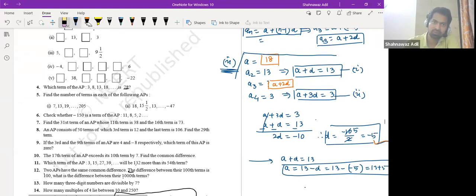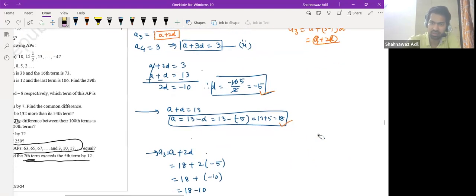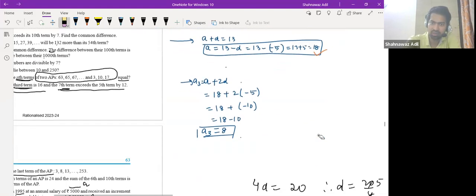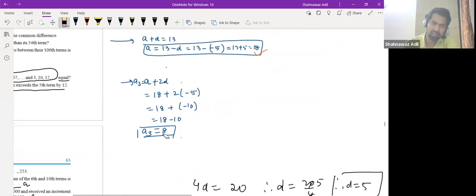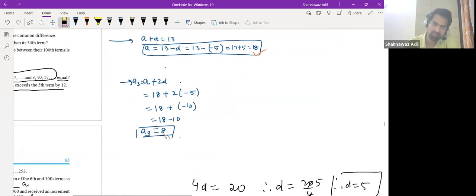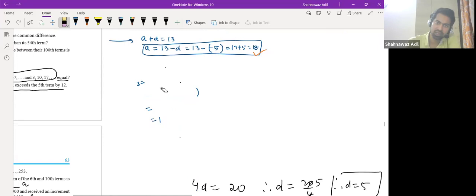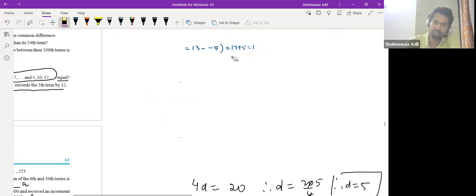So it was 18 and minus 5. 18 and D was minus 1. Yeah, I wrote it down. So 18 and 8. It was 8. Yeah, I noted. Okay, which means that we have done this problem. So do you want me to repeat this question?